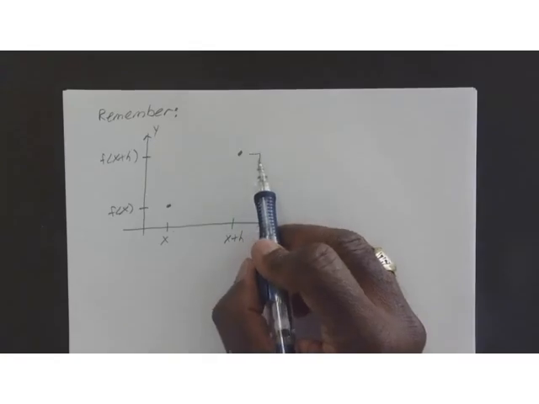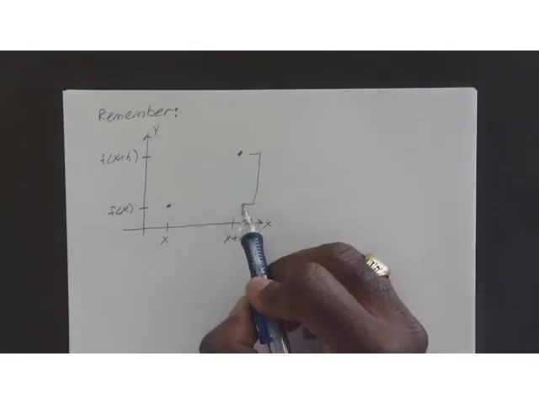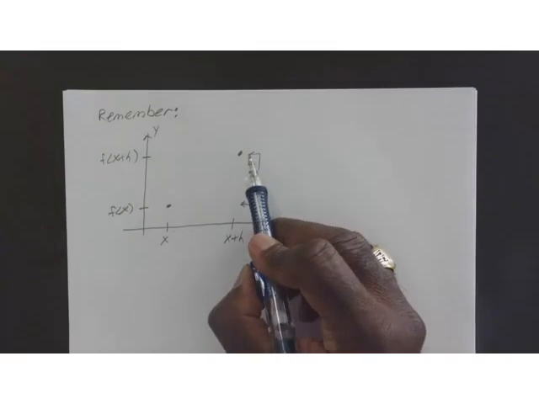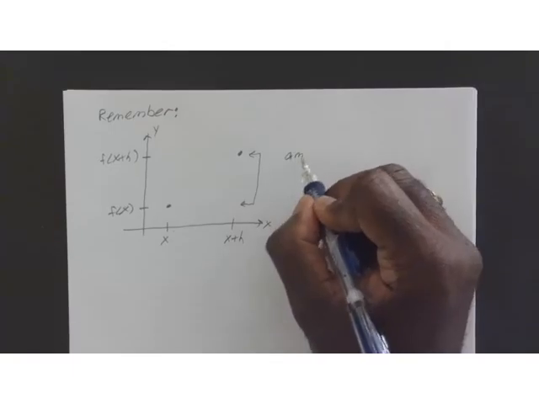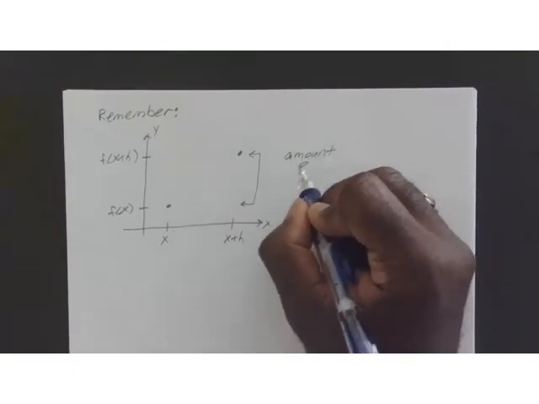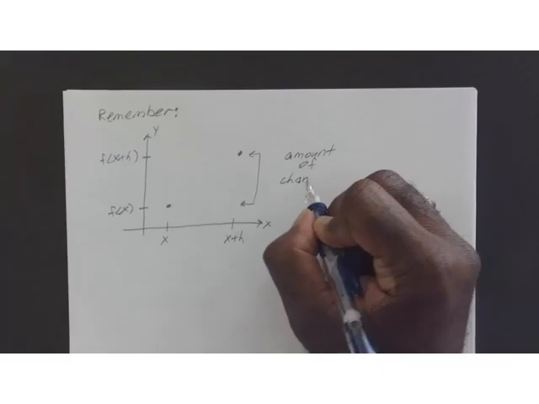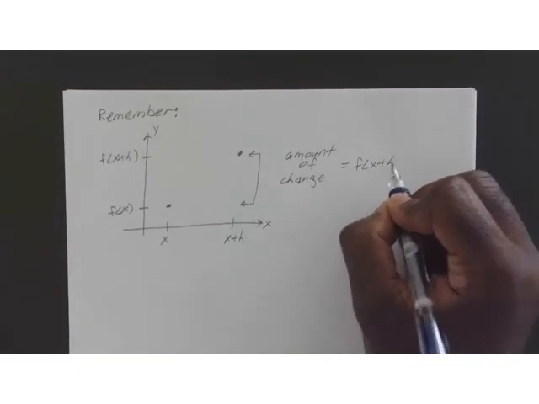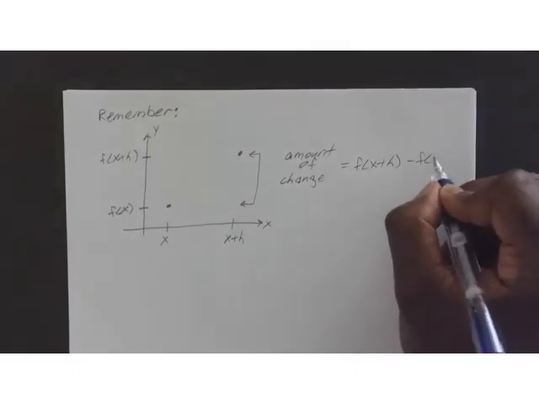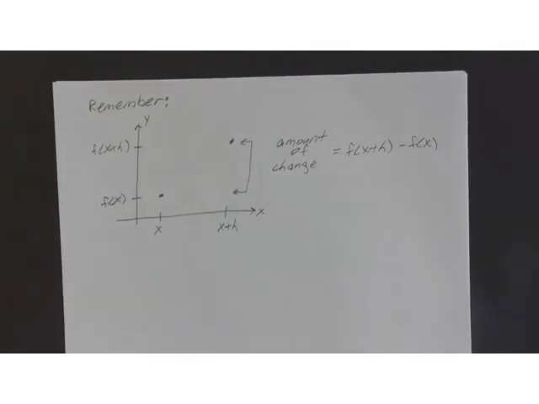Okay. Now remember also the difference in the y values represents the amount of change. So in this case, the amount of change is equal to f of x plus h minus f of x, where we know x plus h is greater than x because it's going to the right.